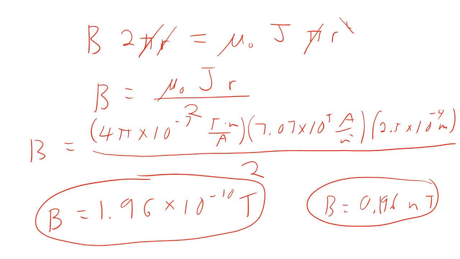Well, let's go back and look at this. We have that B equals mu naught J r divided by 2.